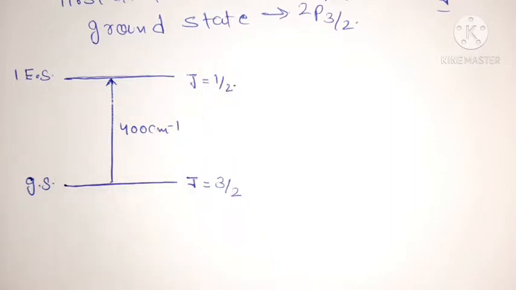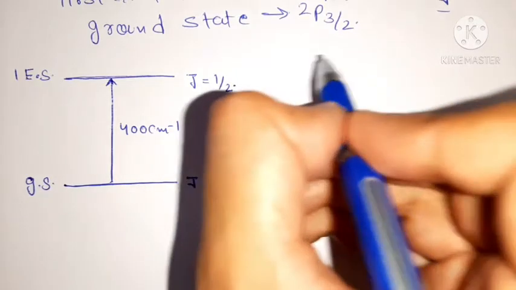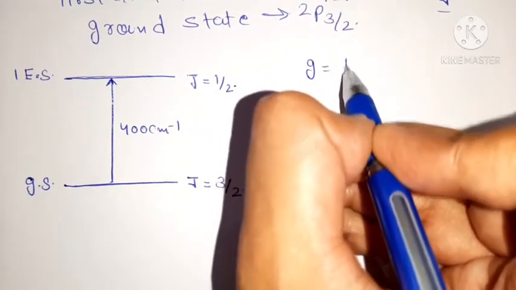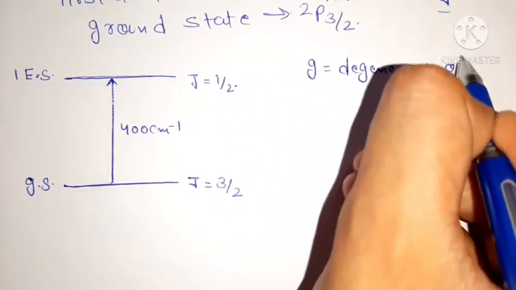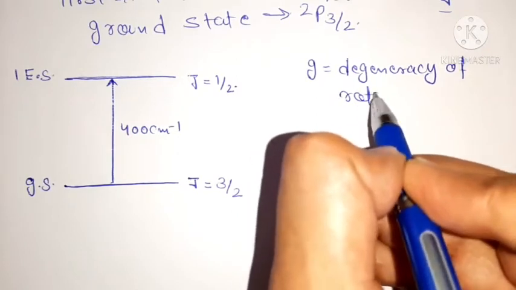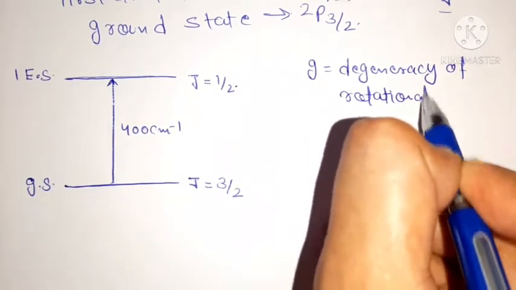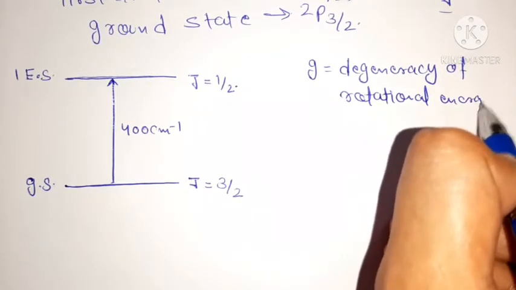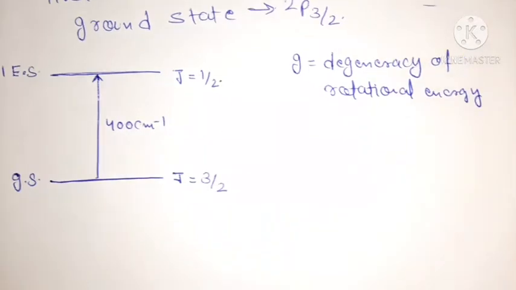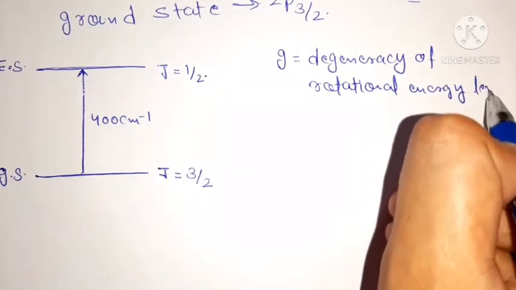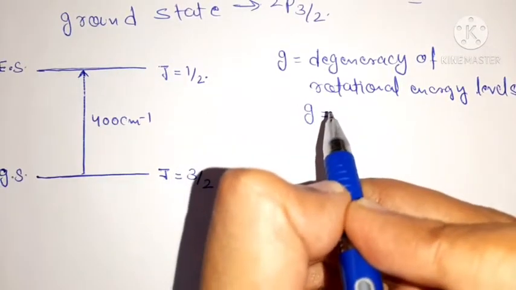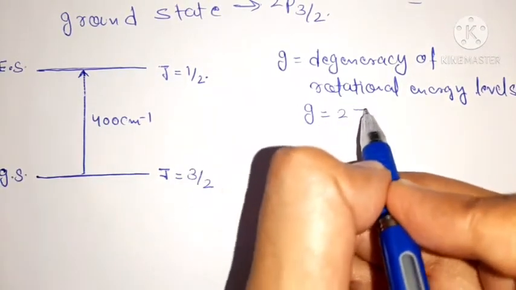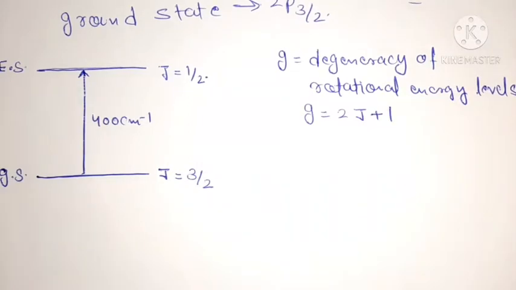Now first of all we must find the value of g, that is the degeneracy of rotational energy levels. And the formula for finding g is 2J plus 1.